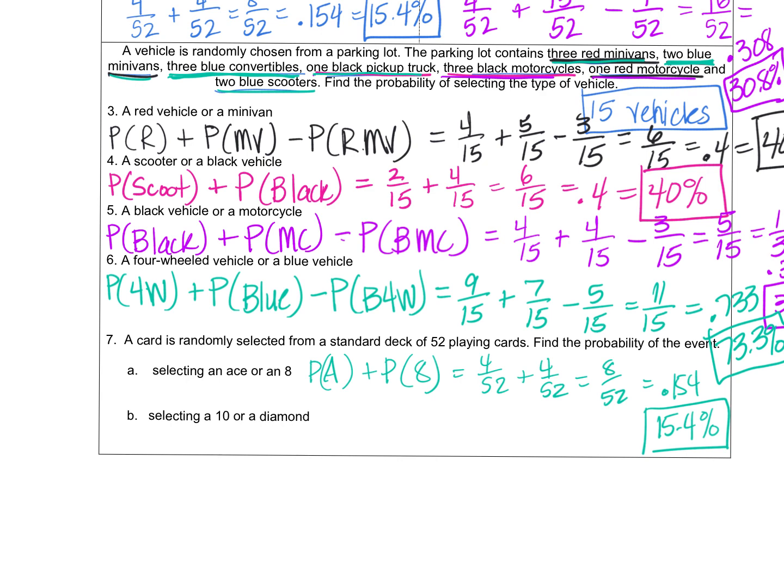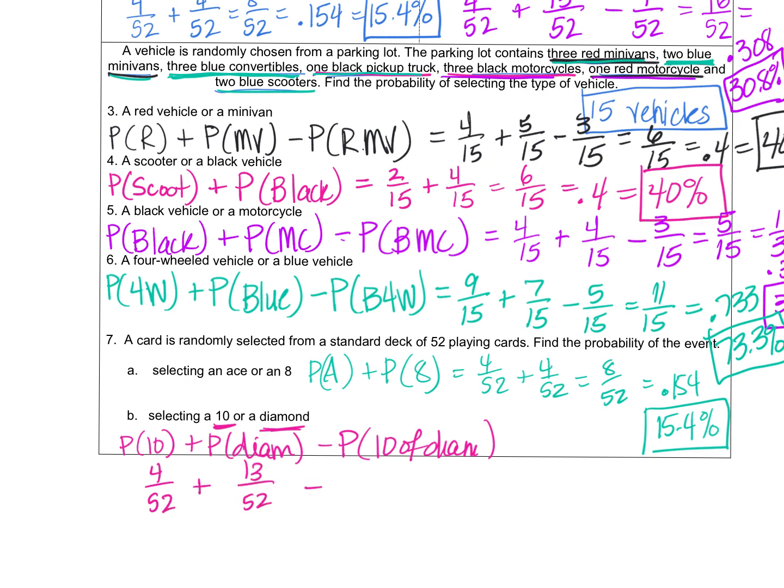This one here, talking about a 10 or a diamond, since this is a card and this is a suit, it's going to be just like the overlap. The probability of a 10 plus the probability of a diamond minus the probability of the 10 of diamonds. So you've got 4 out of 52 plus 13 out of 52 minus 1 out of 52.